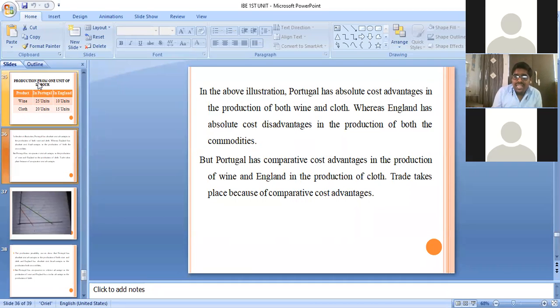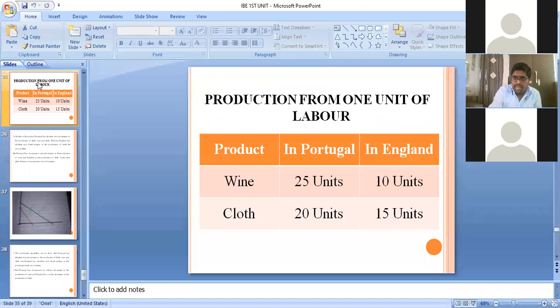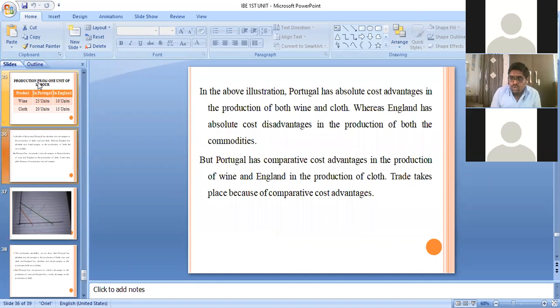Whereas England has an absolute cost disadvantage in the production of both commodities, because only one labor produces 10 units of wine and 15 units of cloth.